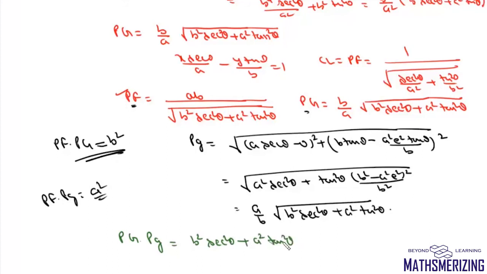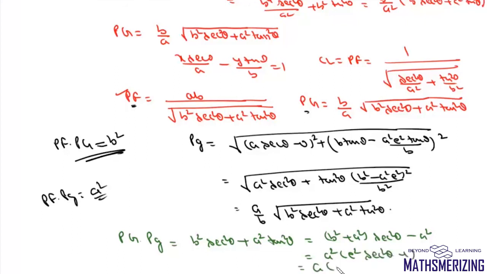Now we'll write tan square theta as secant square theta minus 1. So it'll be B square plus A square secant square theta and then minus A square. Now B square plus A square, it is nothing but A square E square. So we'll take A square common. We'll get E square secant square theta minus 1.